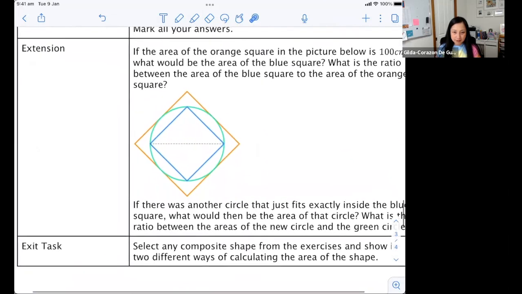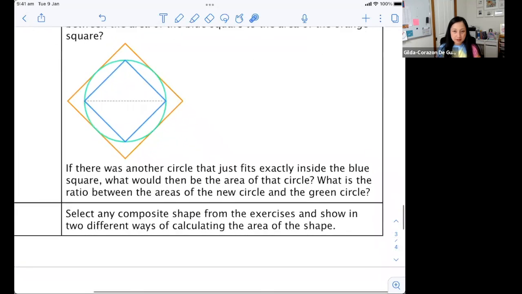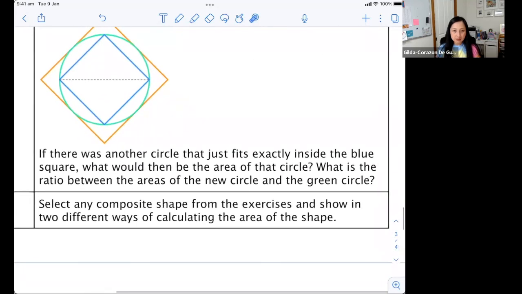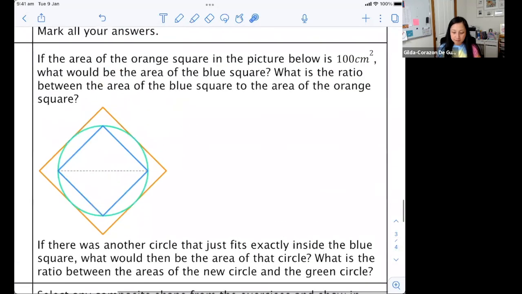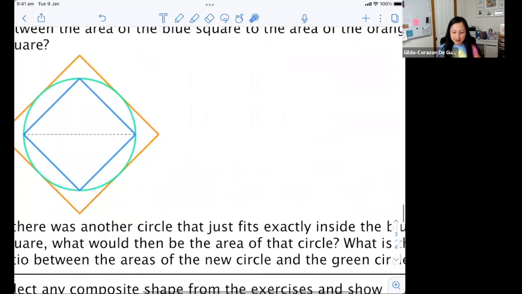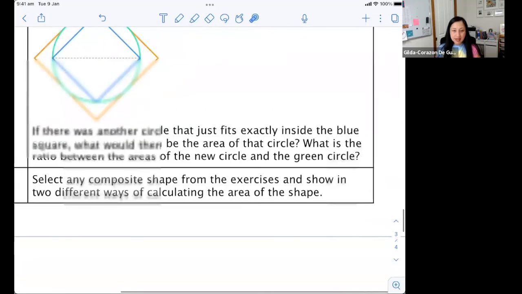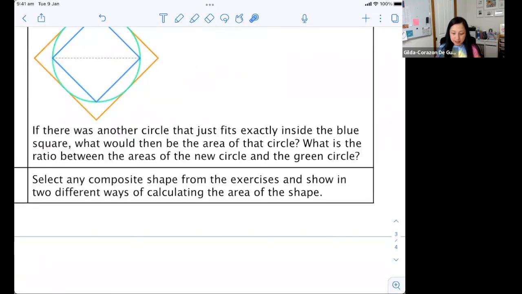And then for your exit task today, after you answer the questions from this exercise here, you might want to pick an interesting shape that you were able to answer. And what I want you to do would be to figure out the area of that shape in 2 different ways.